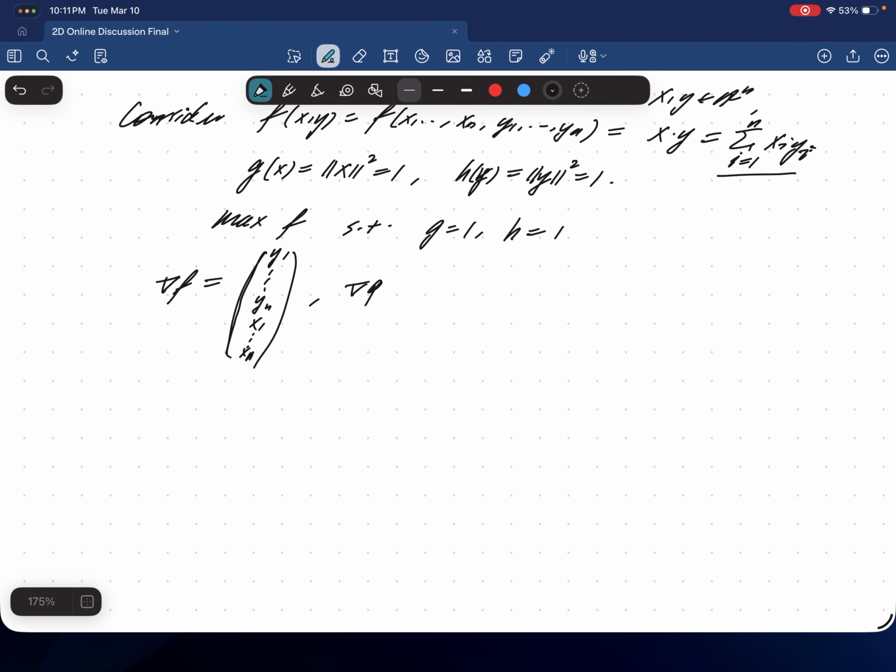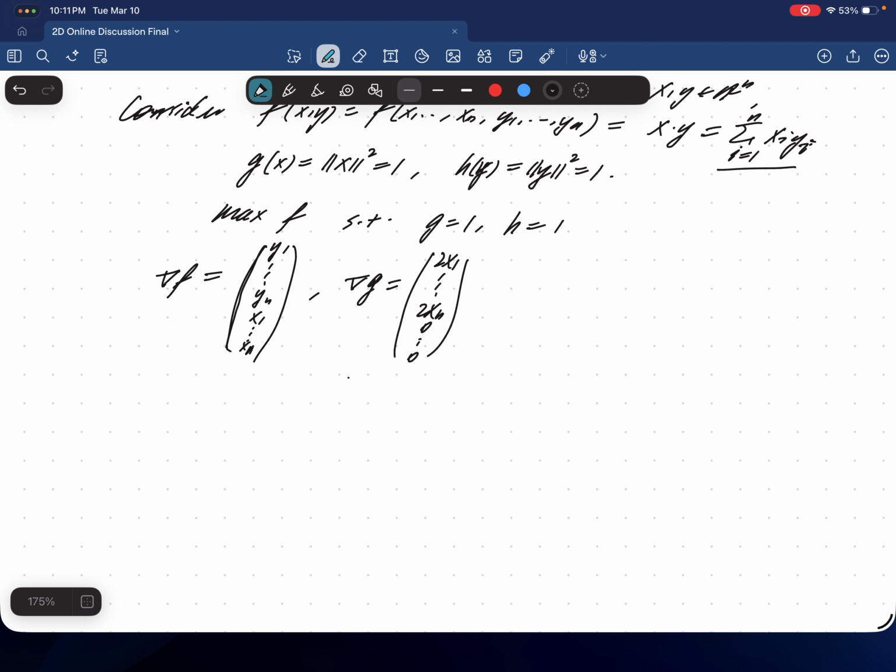And the gradient of g is equal to 2x1 all the way to 2xn and zeros in the bottom. Why? This is because the norm squared of x is x dot x. This is the sum of xi squared.